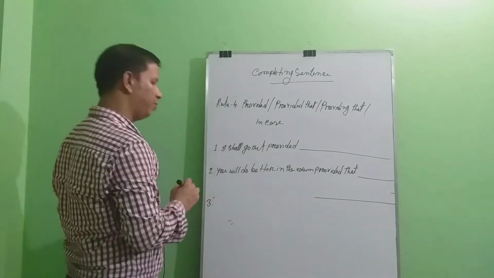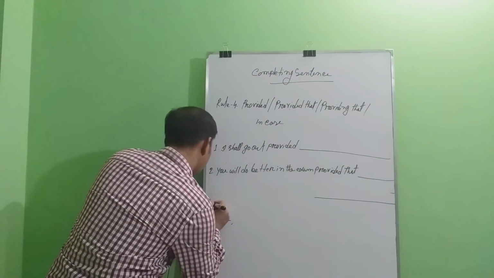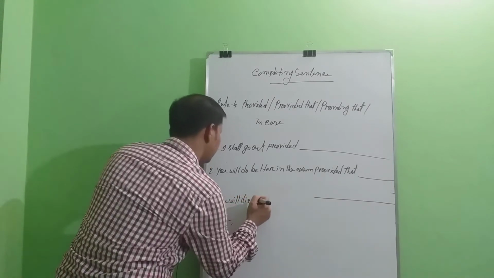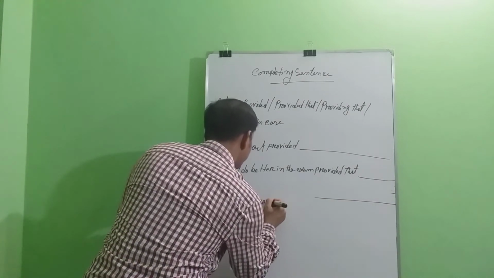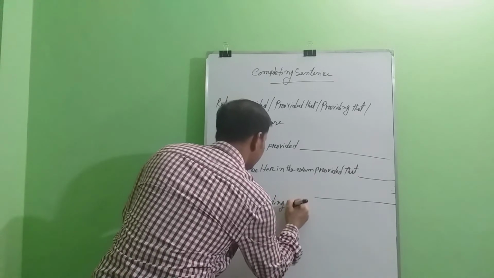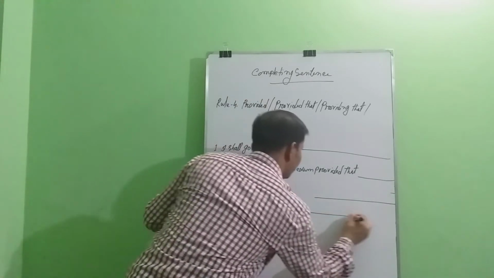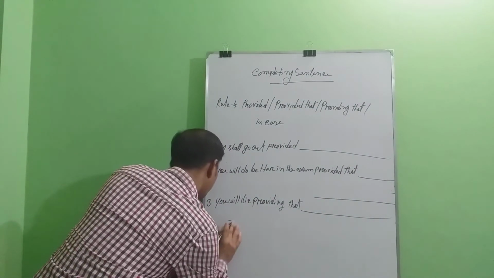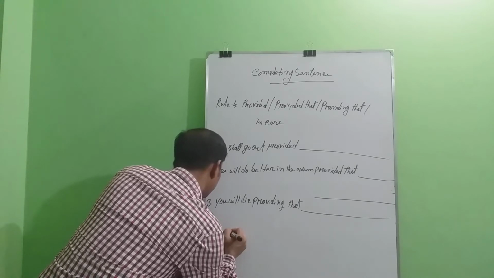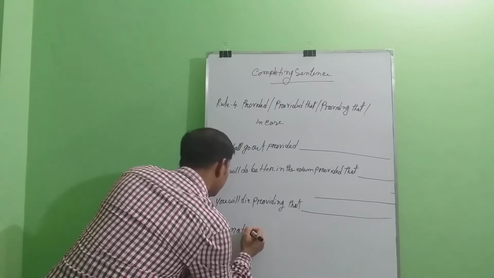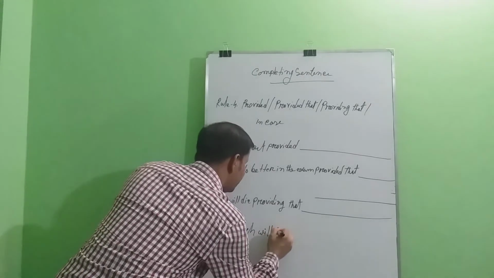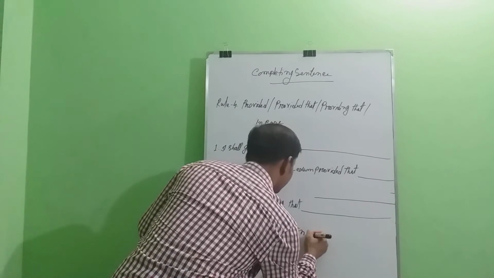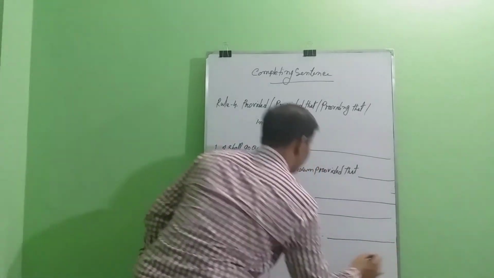Number 3, you will die providing that. Number 4, the match will start in case dash.